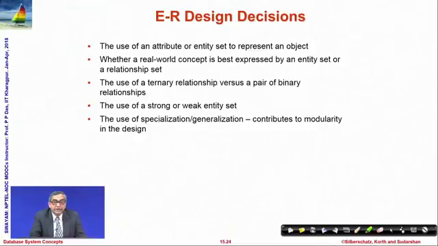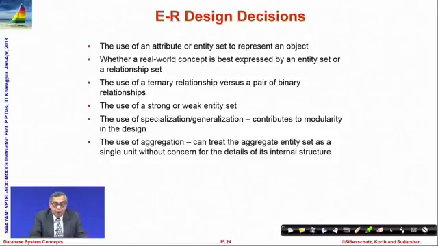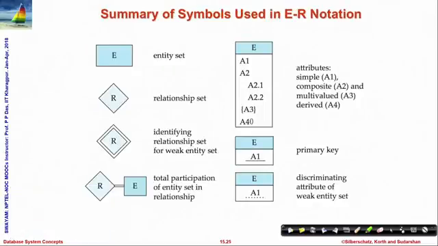We have to identify the specialization generalization situation, so that we can get more specific information and create appropriate modularity in the design. We have to look at aggregation, where we can aggregate entity sets bound by a relationship and create an abstract single unit which can play the role of an independent entity set in the whole design.